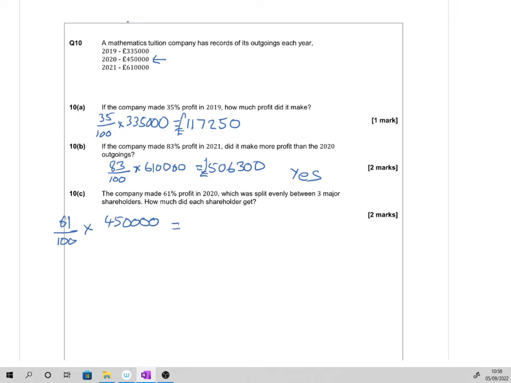So 61 divided by 100 times 450,000 equals 274,500, and it's going to be split between 3, so we just divide that number by 3 and they got 91,500 each. Oh, so they did okay, and all their little people are on £10 an hour.